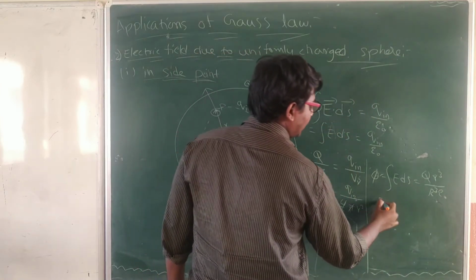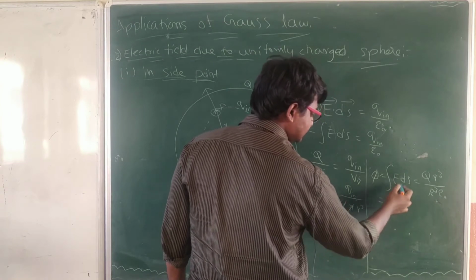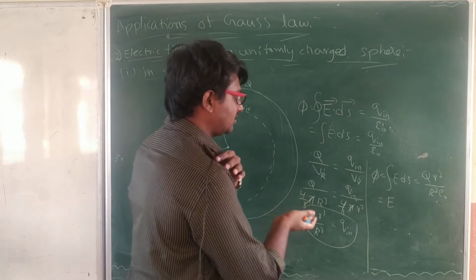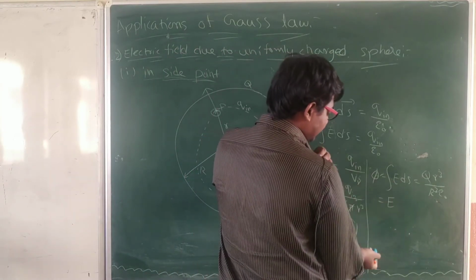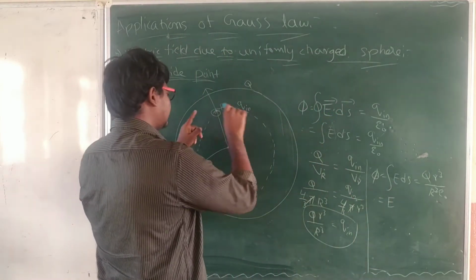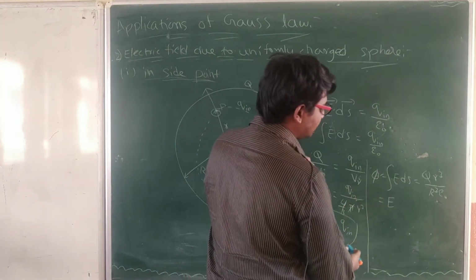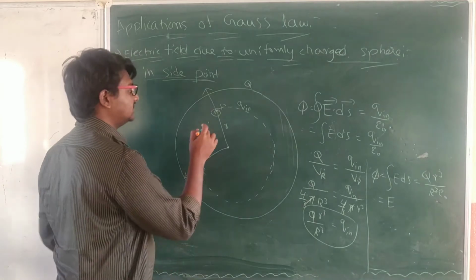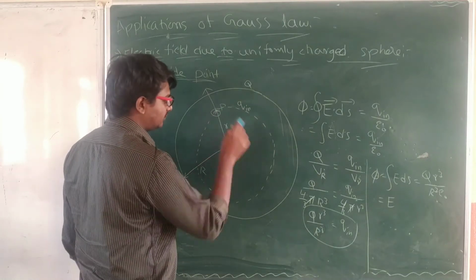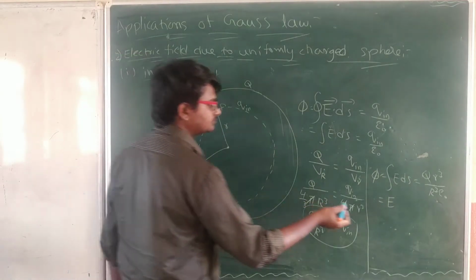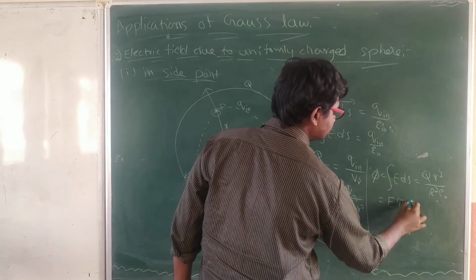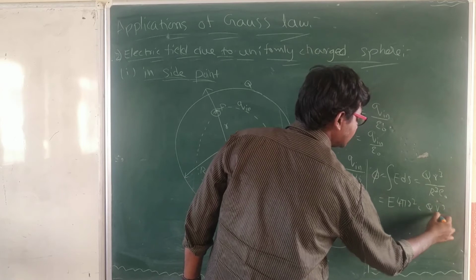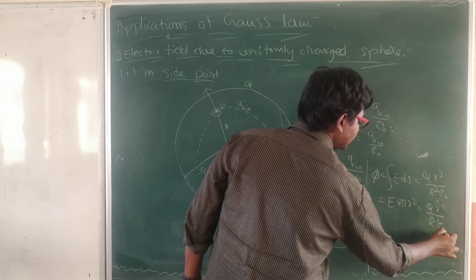Here E is constant, as we already know; the electric field is not changing. Integral dS is the surface area of the Gaussian surface, same as before, which is 4 pi small r square.